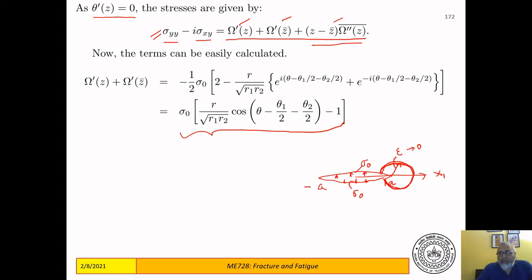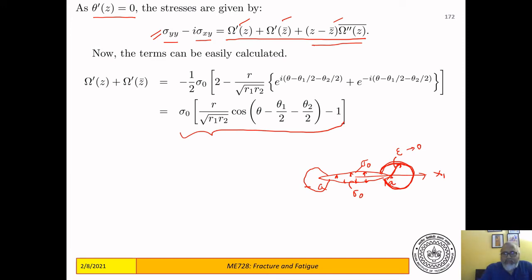So Williams solution should hold if you are confined to this small circle of radius epsilon with epsilon tending to 0. So we are now going to calculate the stresses on a circle which is centered, let's say, at the z equal to a crack tip. We can also take a circle which is centered here at z equal to minus a crack tip, but we will first do it here.